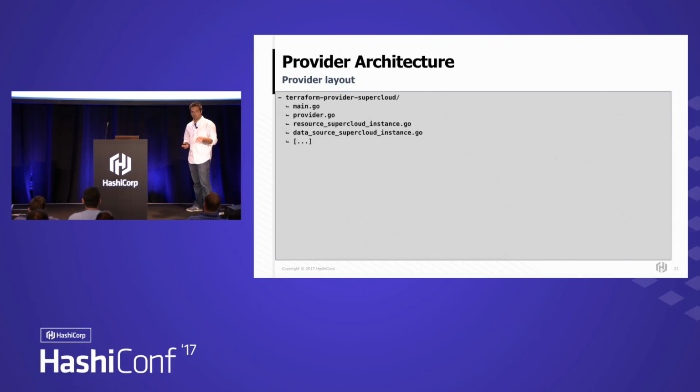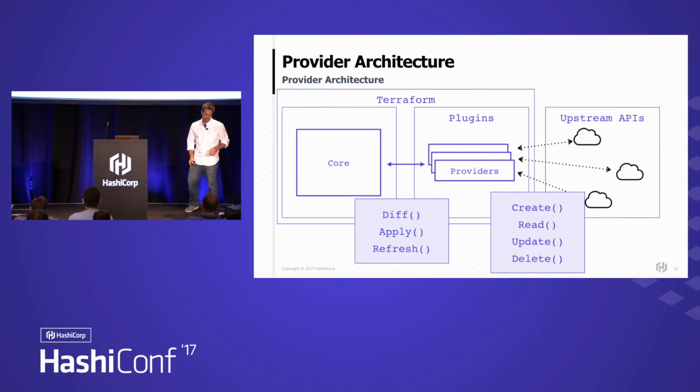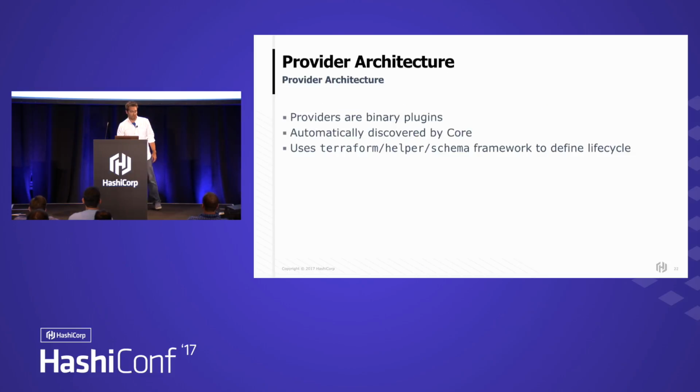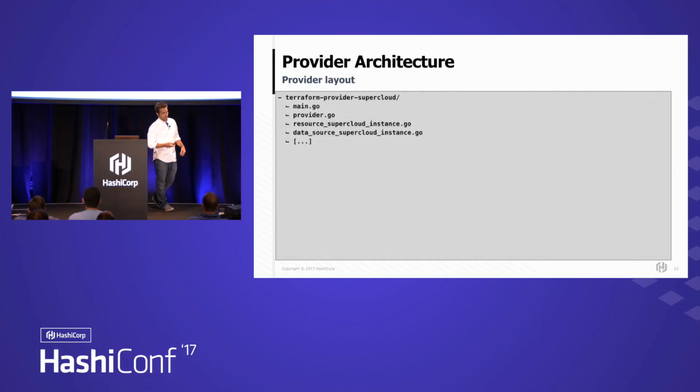If you don't know what a data source is, it's like a resource, except it only has a read method. And that actually ties into the extensibility of Terraform in that it allows you to access infrastructure that you can't directly manage, either permission-based, like your team does not have permissions to create or destroy, but you can consume this information, or perhaps the provider's API doesn't really let you do that.